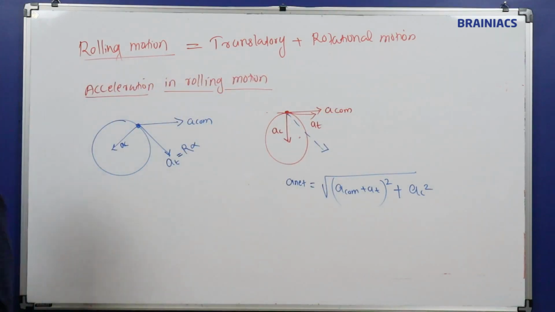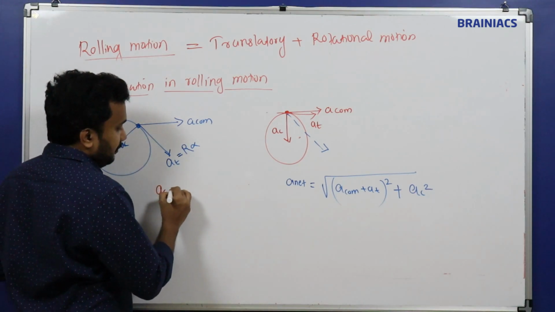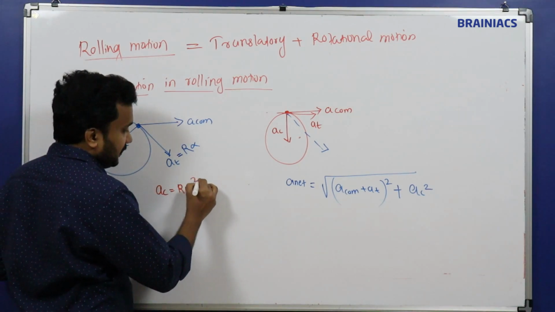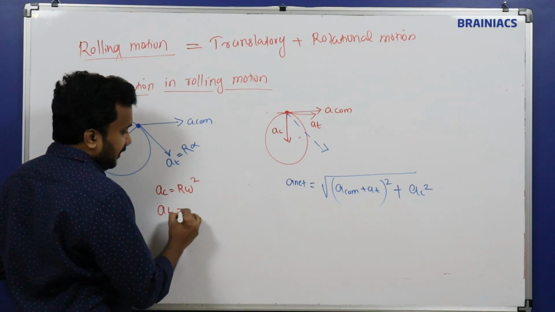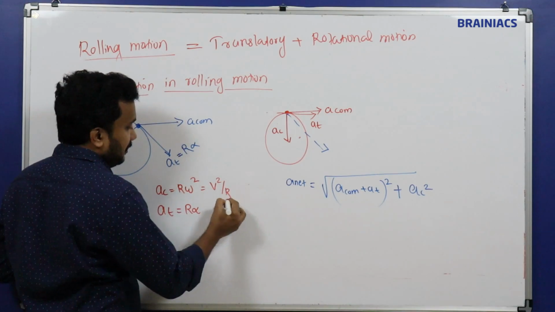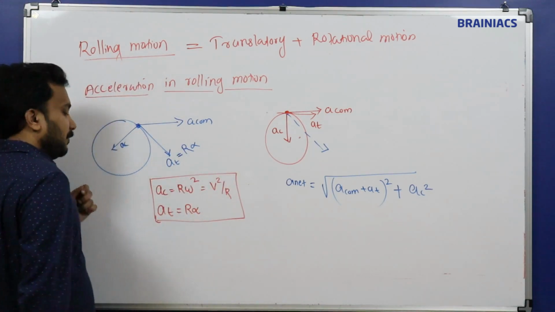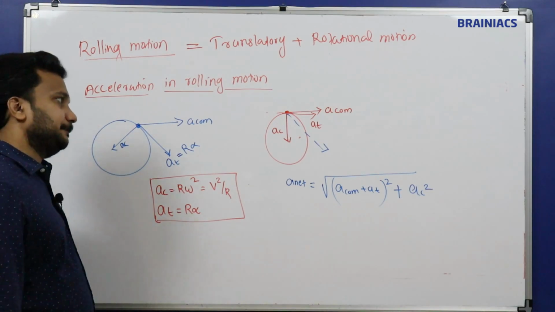Very good, sir, very good. Okay, this was the idea behind this one and you have to apply it. AC is equal to R omega square, AT is equal to R alpha, and AC is equal to V square by R as well. This formula you have to remember. We will use it depending upon the questions.